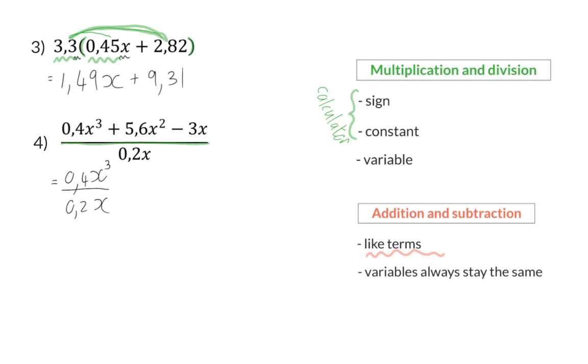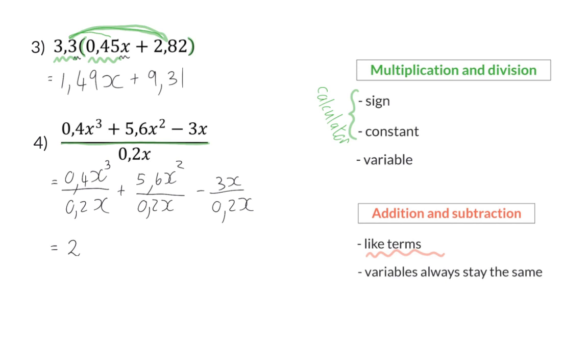So I'm also going to divide plus 5,6x squared by 0,2x, and I'm going to divide minus 3x by the 0,2x. First off, I'm going to take my calculator and divide 0,4 by 0,2 to get a value of 2.